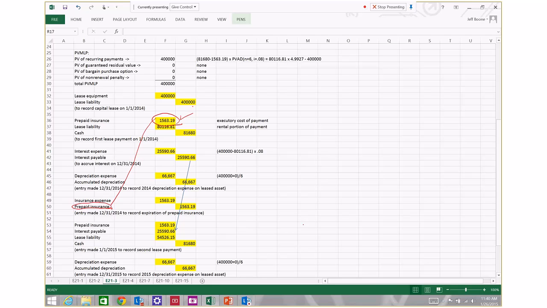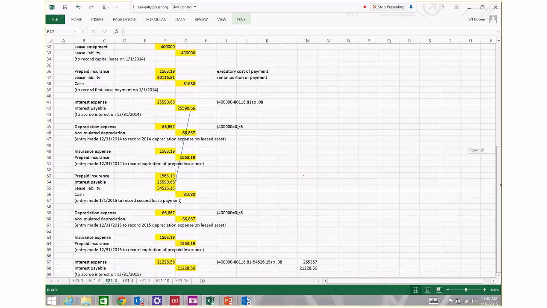By the end of the year, December 31st, 2014, that prepaid insurance had expired, so we're simply going to write it off to insurance expense. Credit prepaid insurance, debit insurance expense. Okay, so that takes care of all the entries in 2014.